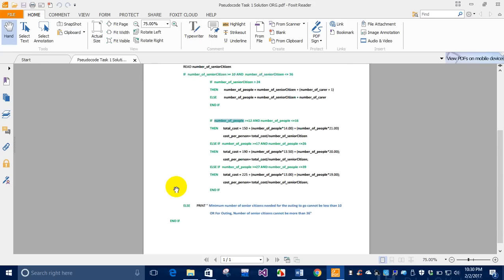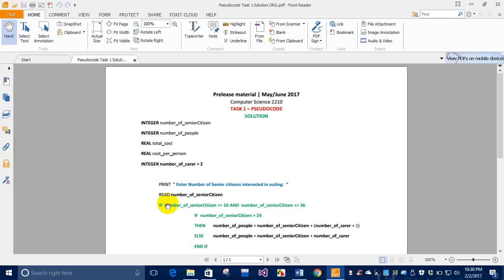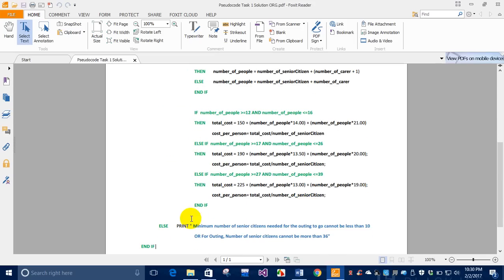At last, if you see it like this, this is the very first condition, the if part. If the number of senior citizens is greater than or equal to 10 and the number of senior citizens is less than or equal to 36, over here now you can see the else part of this if statement.